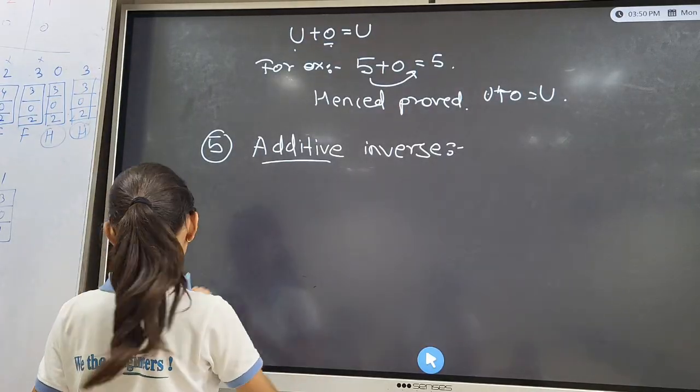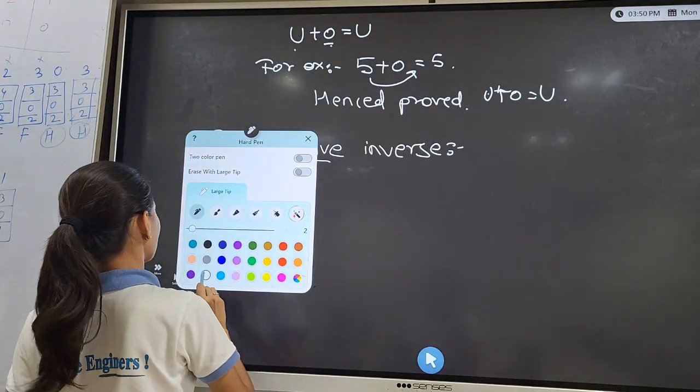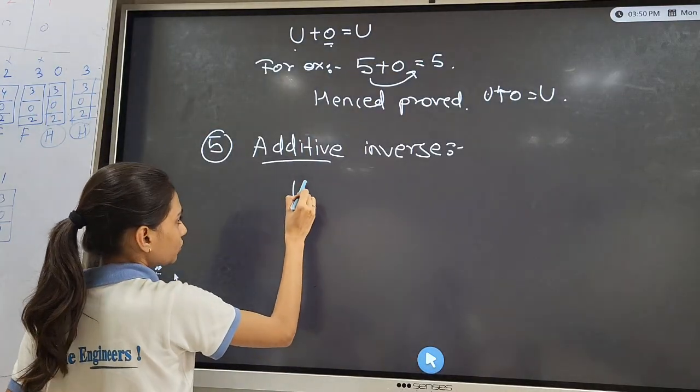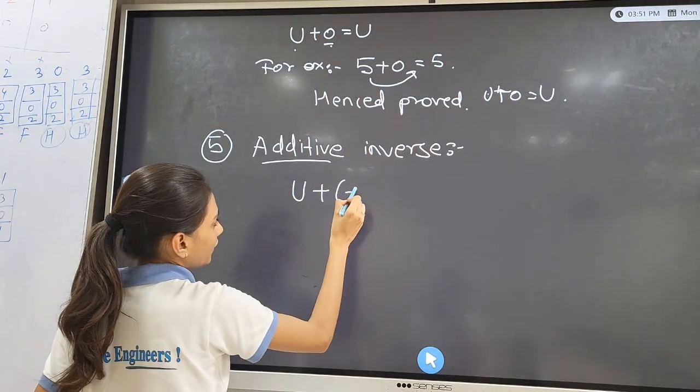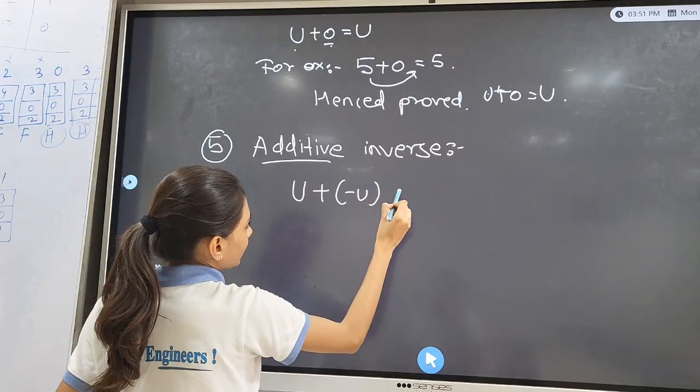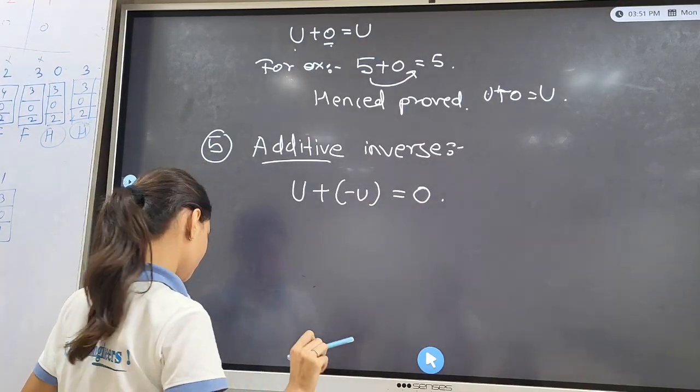If there is U, and we add its inverse, then it gives us 0.